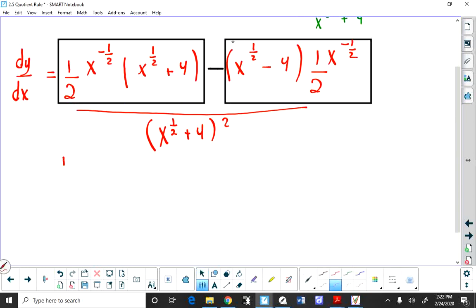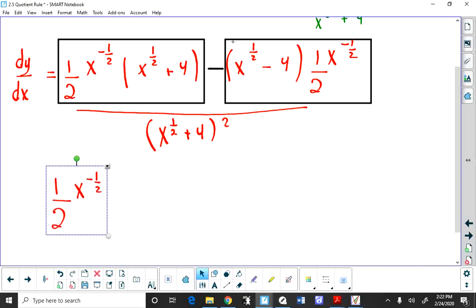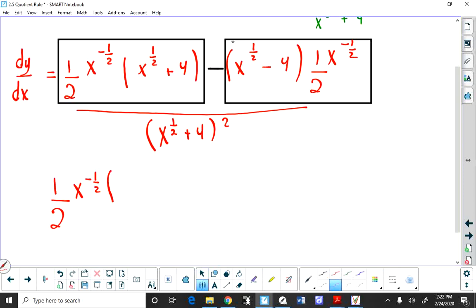I can factor out 1/2 x to the negative 1/2, and then I have left in brackets x to the half plus 4 minus x to the half minus 4, but I'm subtracting the x to the half minus 4.